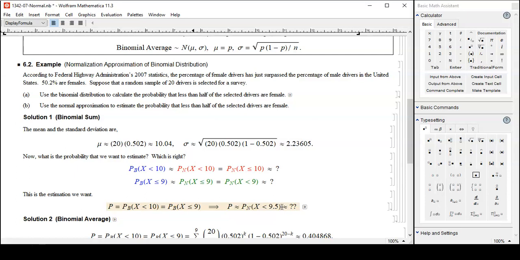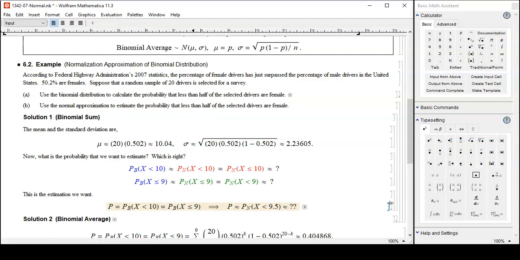But if it is discrete, you cannot cut through a 10th person or the 9th person. The 10th person is not included, the 9th person is included, then you have to cut through the middle of the 9th and 10th people. That's 9.5. So 10 versus 9, we are using 9.5.